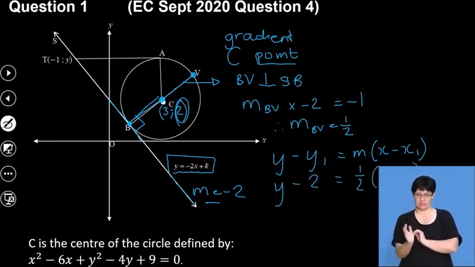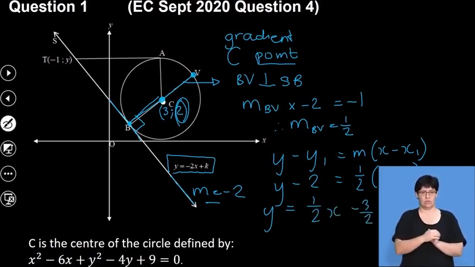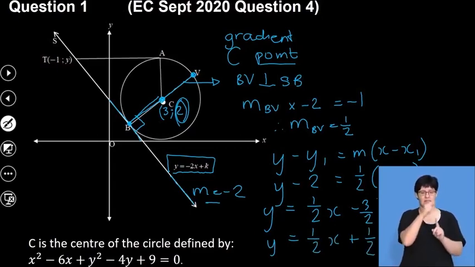I'm just going to neaten that up so that I have y equals. So I'm going to have y is equal to 1/2 x minus 3 over 2 plus 2. And finally, y is equal to 1/2 x plus 1/2. So minus 1.5 plus 2 gives me plus 1/2. Okay, so that is the equation of this line over here, BV.